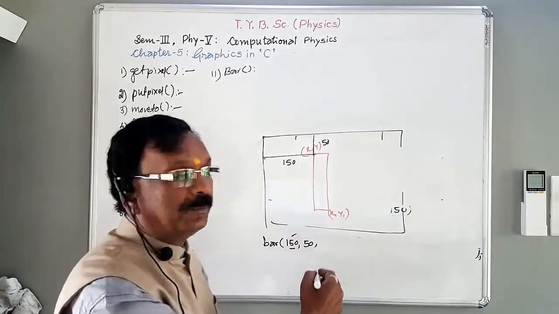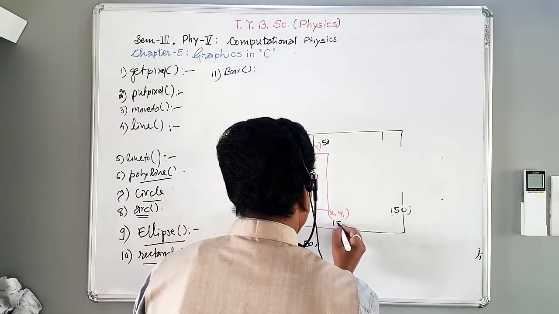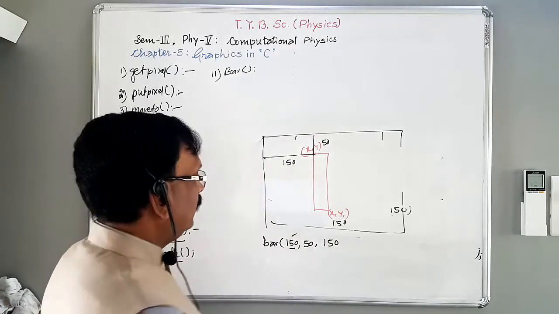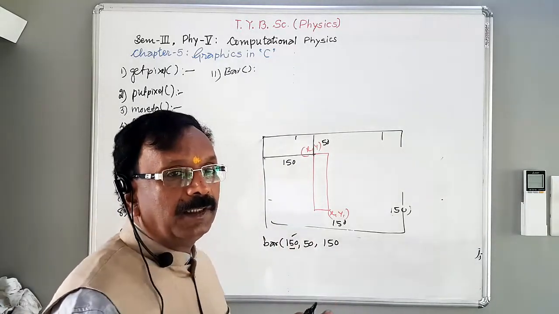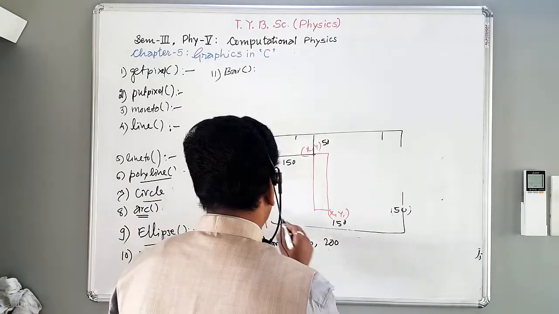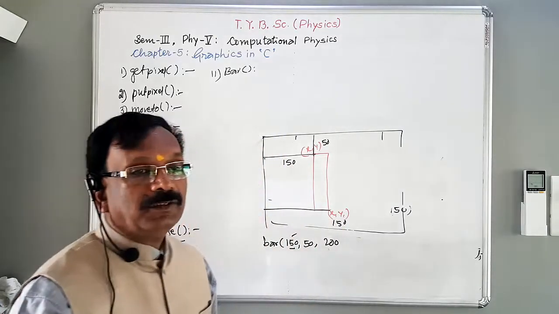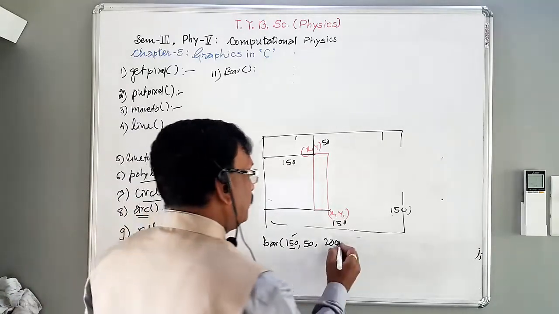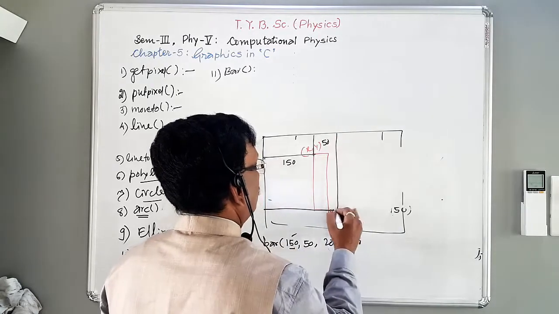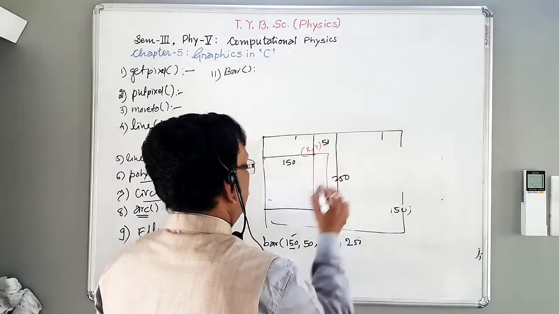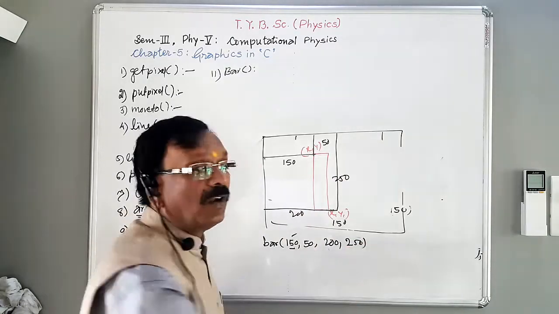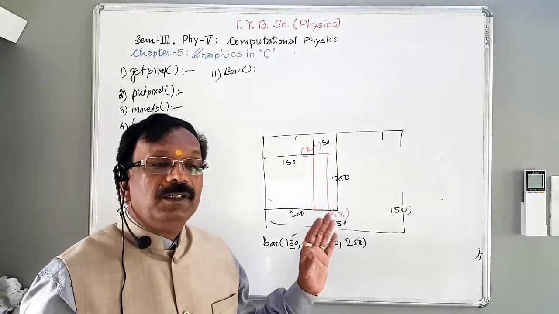Suppose this is the point. Here, we have to use, suppose 200. This 200 is the x coordinate, and 250 is the y coordinate. In this way we can draw a bar on the computer screen.